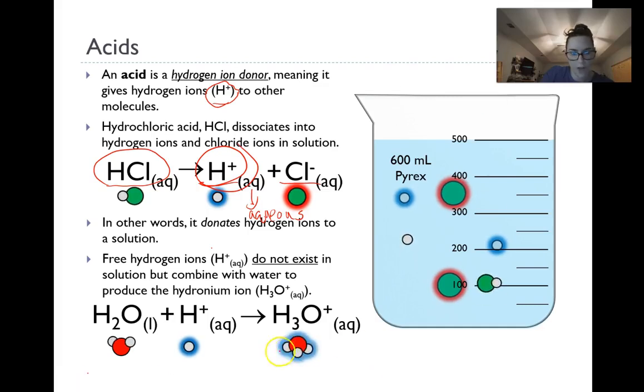So you can see water now has 3 hydrogens rather than 2. Okay, and so you can see HCl in solution over here. This is the HCl molecule, but it dissociates into the chloride and the hydrogen ions here, and then water can snag those up to make H3O plus.